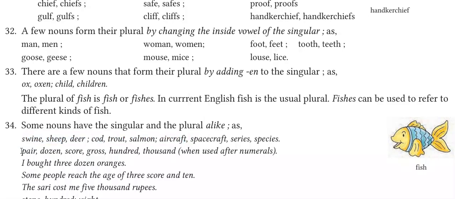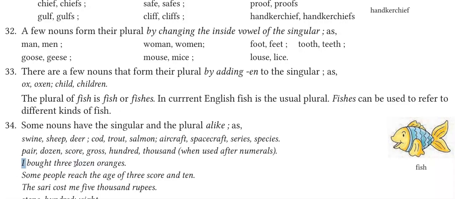The same happens with pair, dozen, score, gross, hundred, thousand when used after numerals. For example, I bought 3 dozen oranges. We are not saying 3 dozens because there is a number. With numbers, we just use the singular form.